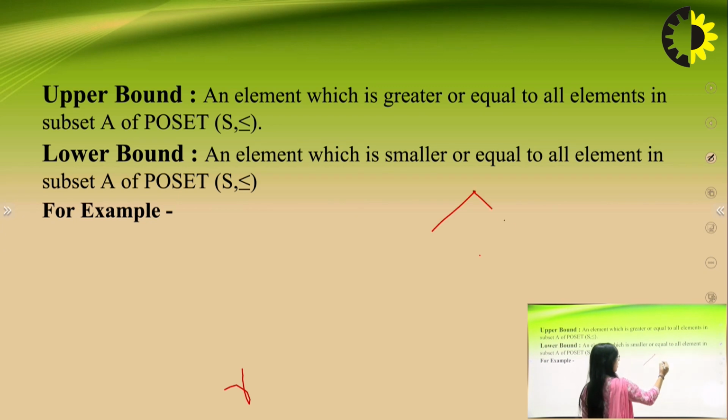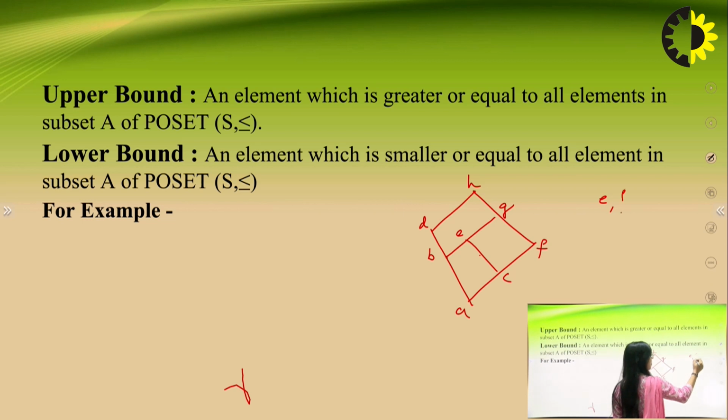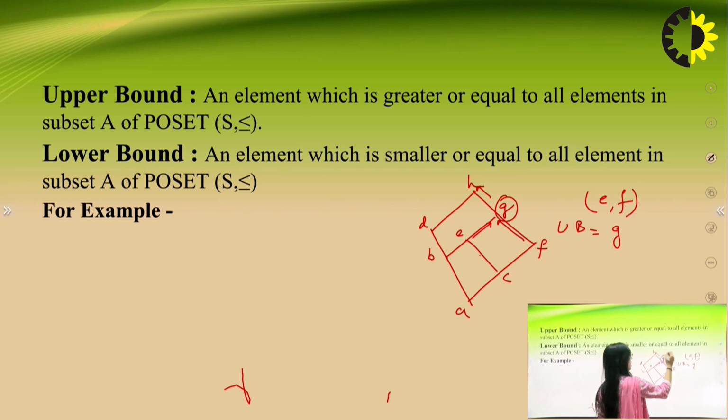if we consider this structure, then for this particular pair of elements, the upper bounds are found by moving in the upward direction, where we reach G and we reach H. Both these elements are upper bounds for this pair.